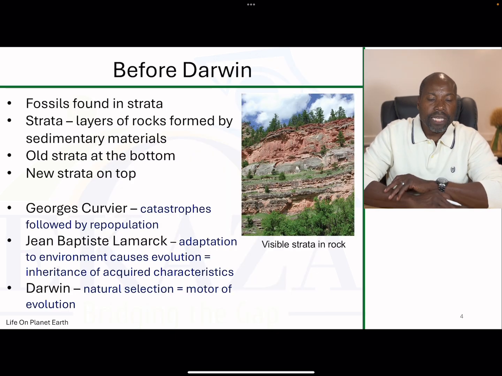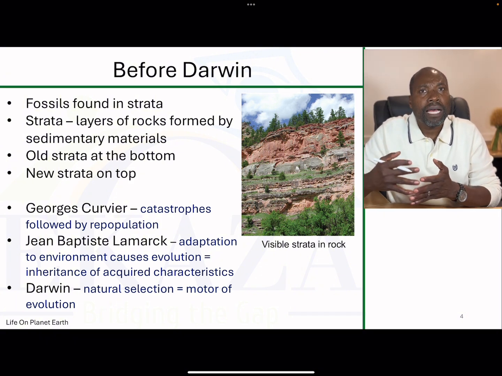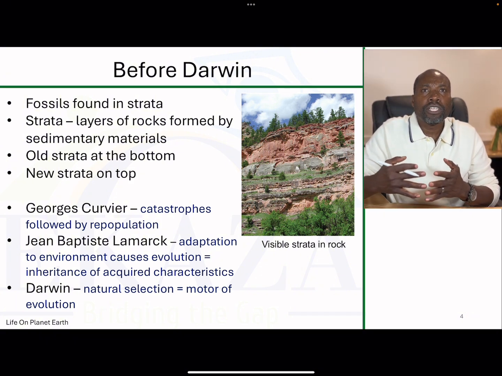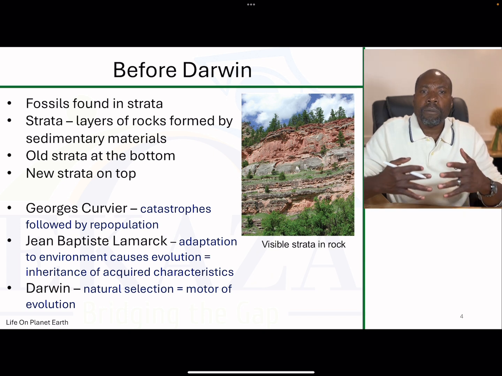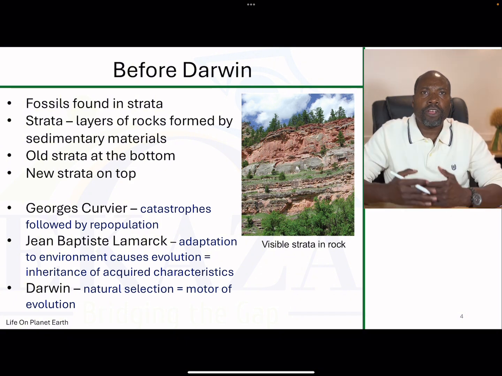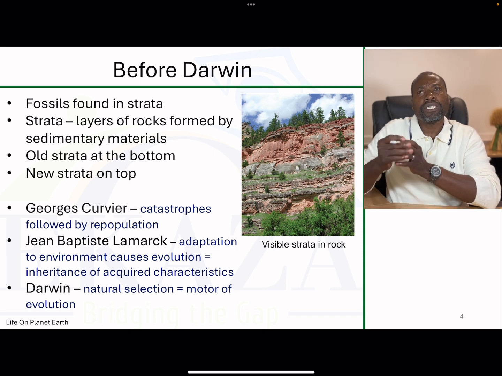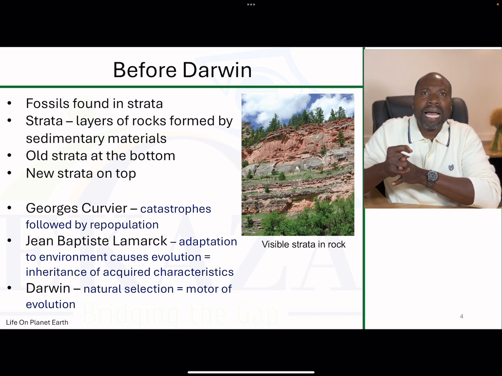But before Darwin, Darwin used the work that other people had done before, including geologists who actually observed the crust of the earth. They would analyze the crust of the earth, and geologists thought, well, while creationists say that the earth is about 4,000 years old, it seems that the earth is actually much, much, much older than that, right?